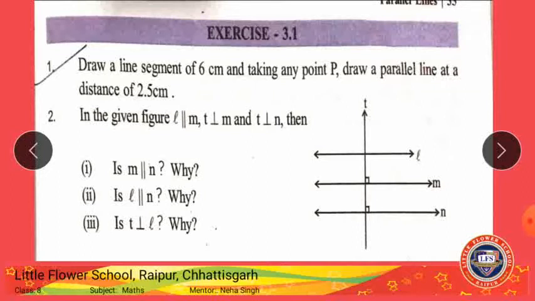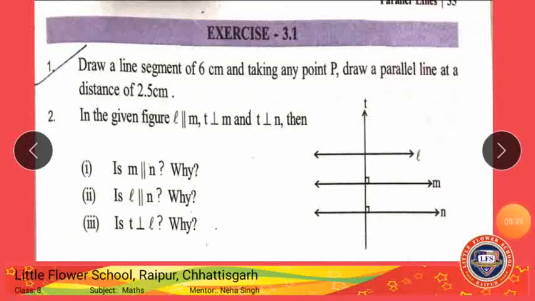So this first question is the same as the practice exercise questions 1 and 2. Steps also I have sent through PDF. So this first question you are going to solve on your own. The only difference is that the measurement of the line was not given earlier, so we were taking the measurement according to our convenience. In this the measurement is given, 6 centimeters. So first step you'll draw the line as 6 centimeters.